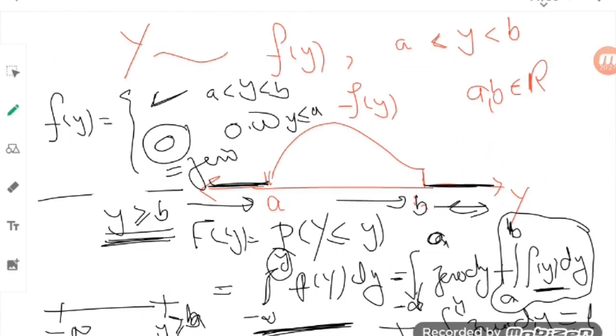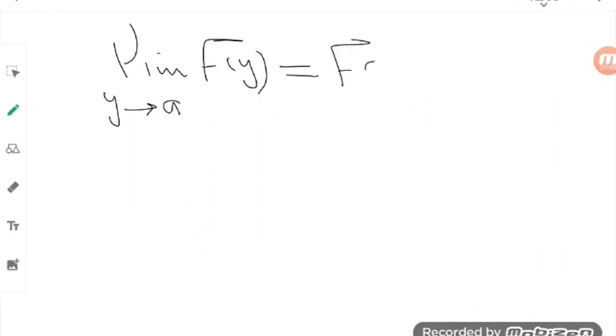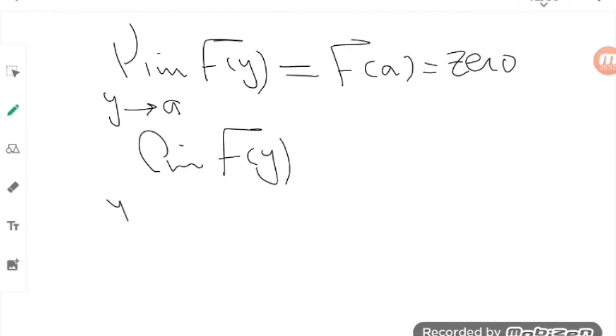I hope this point is clear. That's why we say that the limit of capital F of y when y tends to its lower limit, which is here a, equals F of a, equals 0. And the limit of the CDF when y tends to the upper limit, which is here b, F of b, has to be 1.